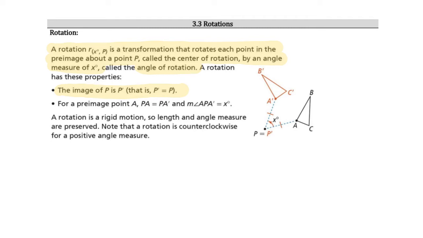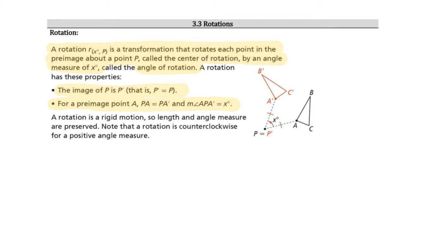For a pre-image point A, PA is equal to PA prime, because P doesn't move, it's the center of rotation. But A changes because it's rotating around that point P.